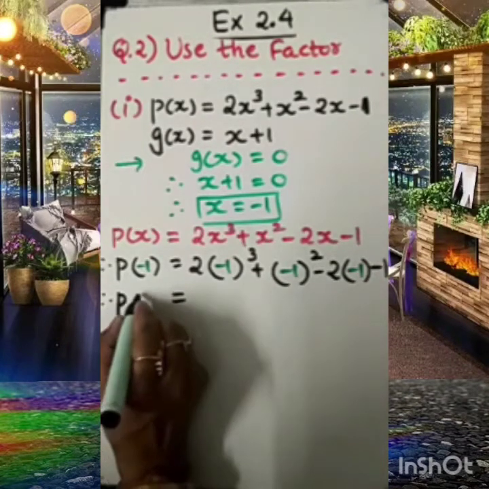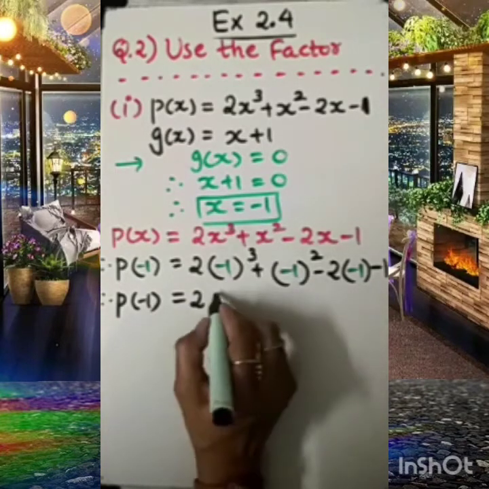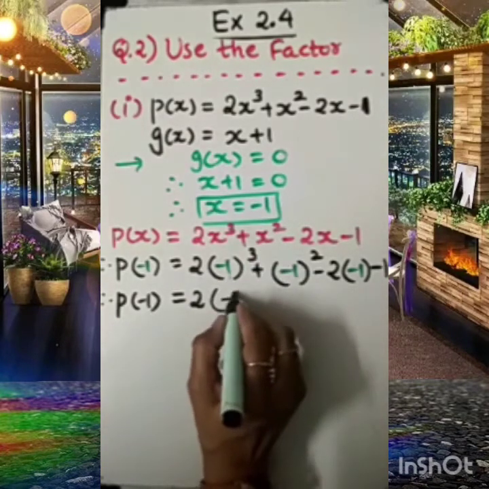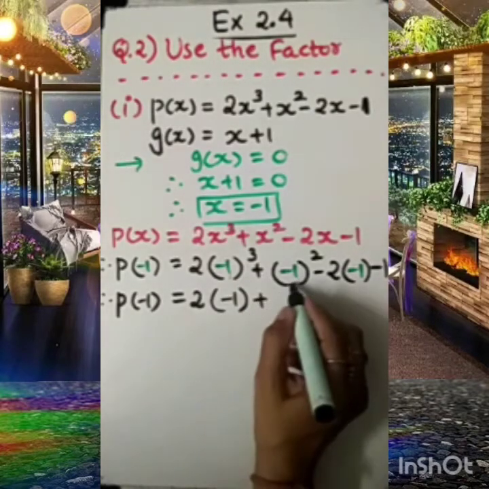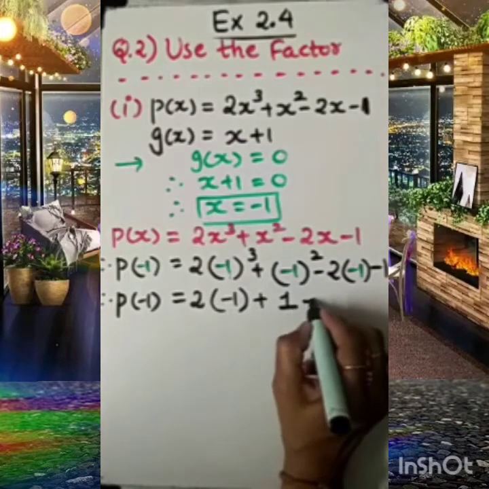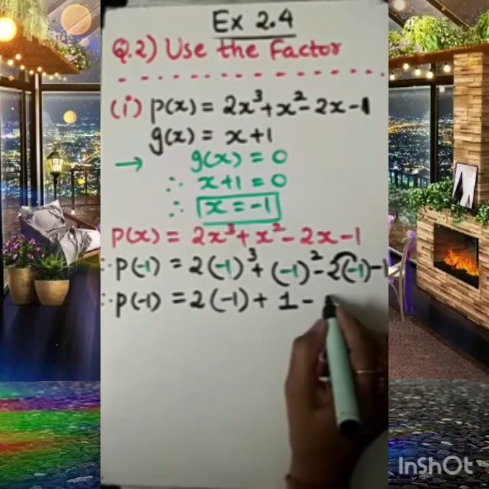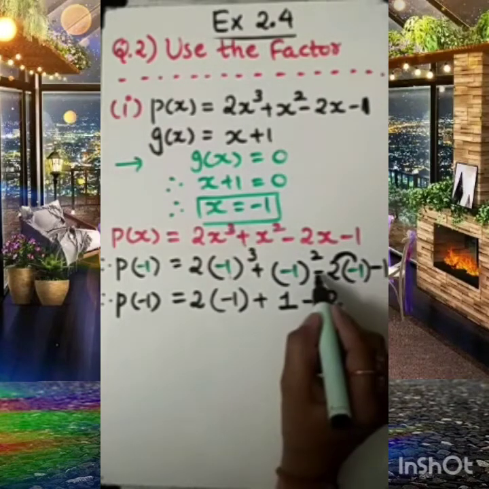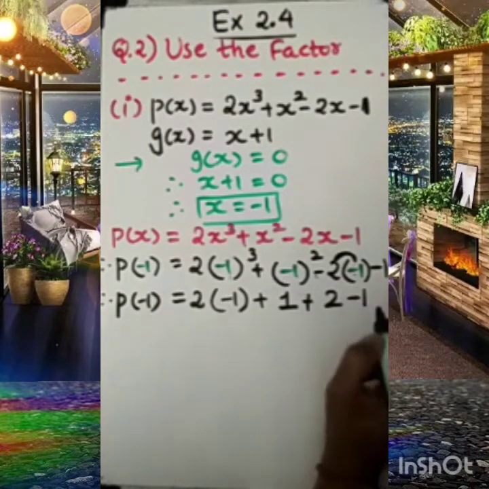Therefore, p(minus 1) equal to 2 is already there. Minus 1 cube is minus 1. Plus minus 1 square, it will be plus 1, you know. Minus minus in product, 2 into 1, that is 2, but because of both of this sign in product, it will become plus, and here it is minus 1.